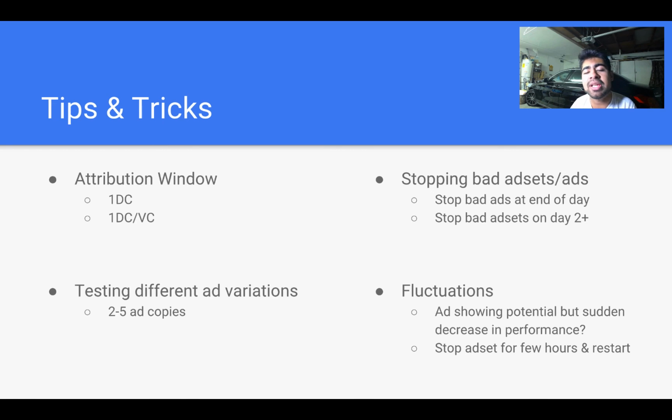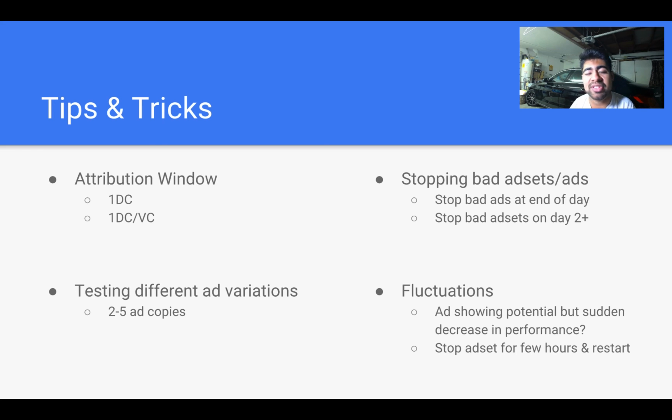But one thing you're going to face when you're running a CBO is fluctuations. One day your CBO might give you a ROAS of 10, while the second day it may give you a ROAS of 0.5. And this is really common within each ad set within the CBO. And if you see that an ad set was performing really well a day before, but now the ROAS has completely tanked, you want to generally give it one more day to run.